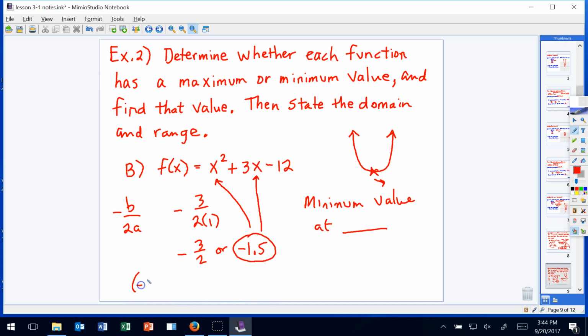We're going to plug it in for x and see what comes out. All right, so using your calculator, negative 1.5 squared plus 3 times negative 1.5 minus 12. And hopefully you've got your calculator going. And if I remember correctly, that is negative 14.25. I'm just going to double check that real fast.